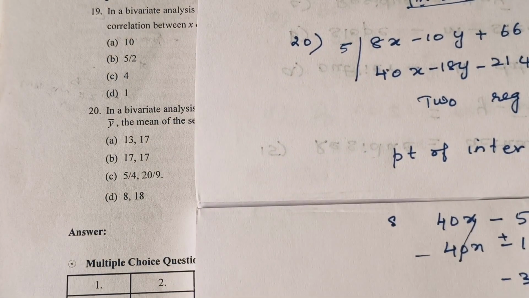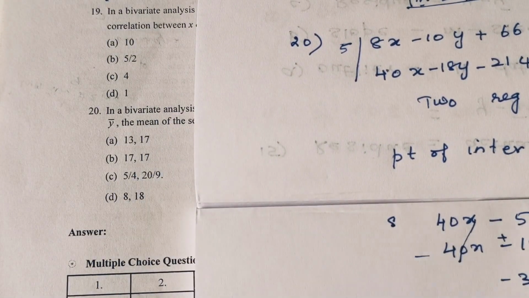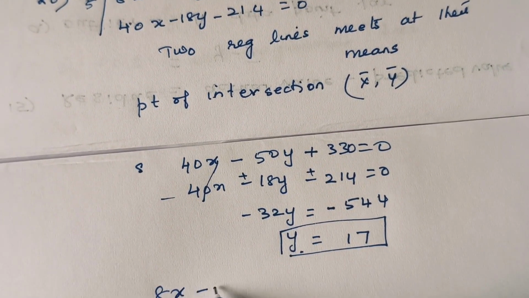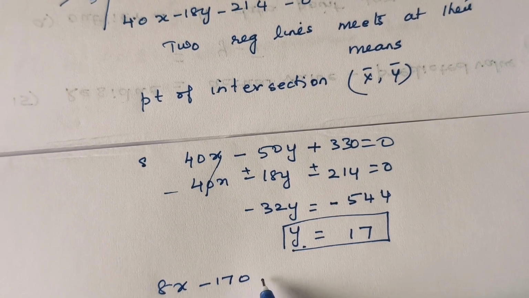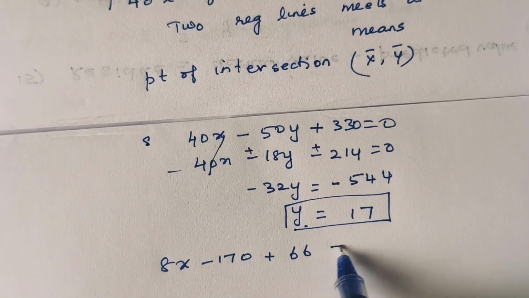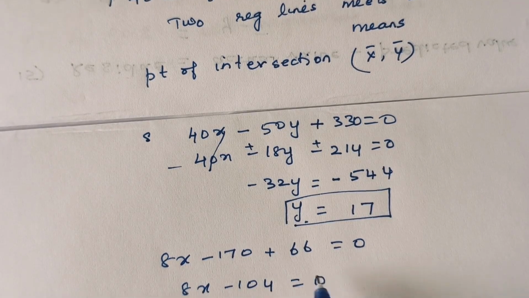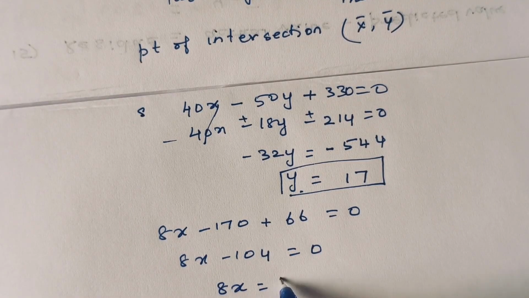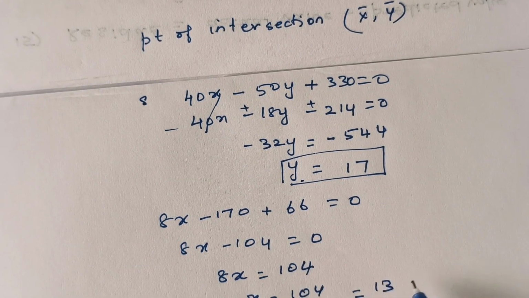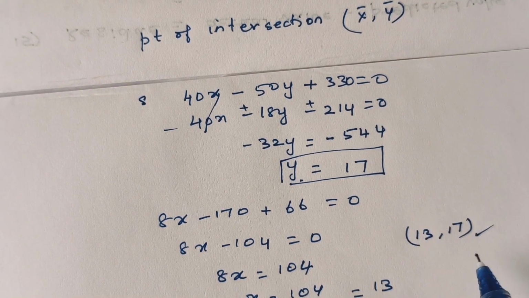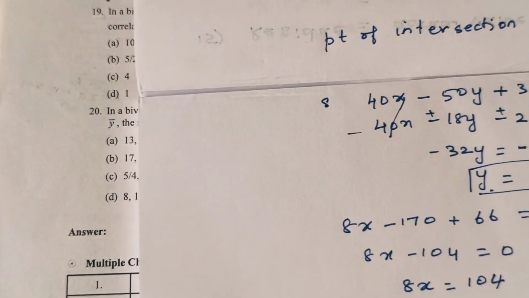You can multiply the first equation by 5, second equation as such. You will get y as 17. In the options you have two options with y 17, so you have to substitute for y and find x also. You will get x as 13. So option A, 13, 17 is the right answer. 13 is x bar and 17 is y bar.